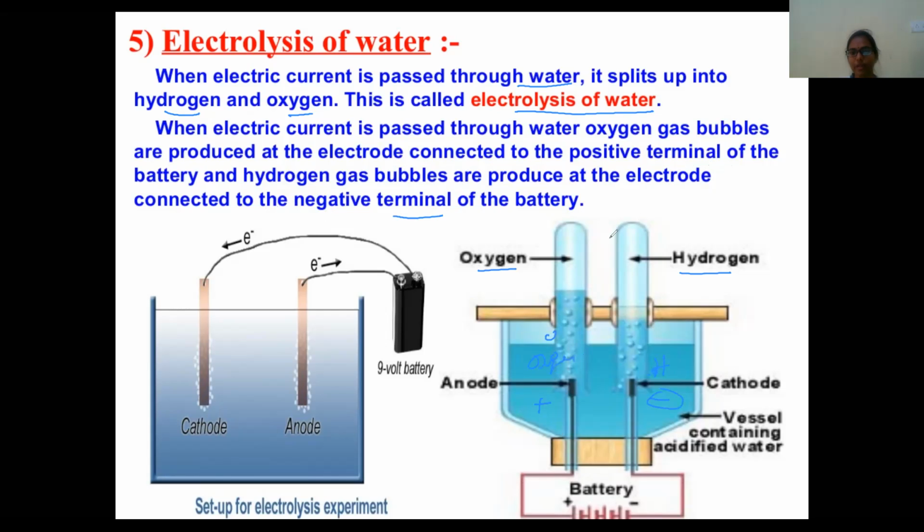Do you understand why? Because H2O splits into oxygen minus ions and H plus ions. So H plus ions will come and deposit at the negative terminal, because positive ions come to the negative terminal. All the negative charges will come to the positive terminal. Negative means oxygen, positive means hydrogen. I hope this is clear, children.